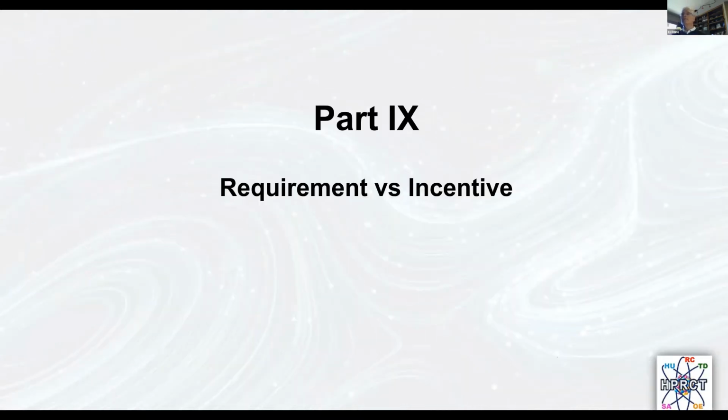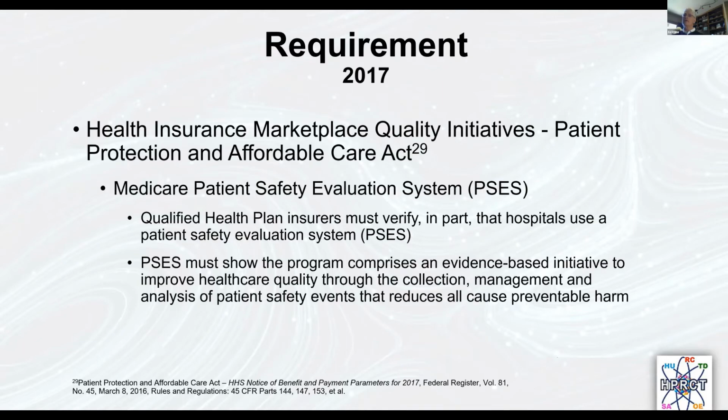So the next step is what's required and how do we get people to buy in, from the framework of what you have to do by regulation and what we would like you to receive as a bonus for doing it right. In healthcare in 2017, they had a thing called the Patient Protection and Affordable Care Act.